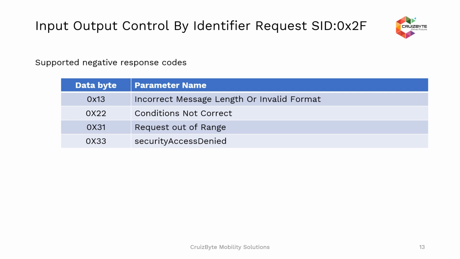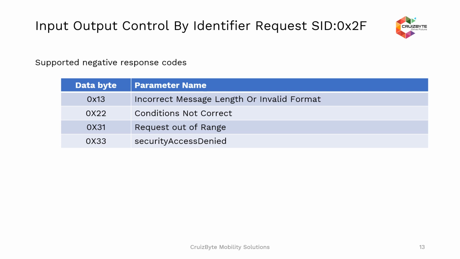And the last one is the control enable mask record against each data identifier. If it provides an invalid setup for the DID, then the request out of range is also given back.